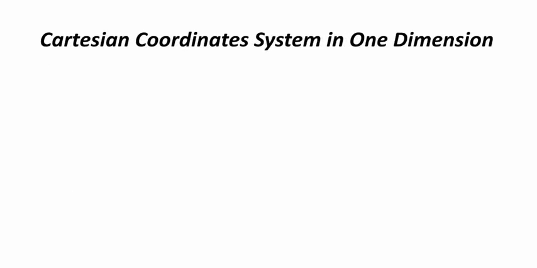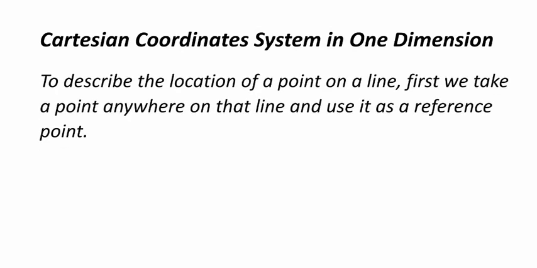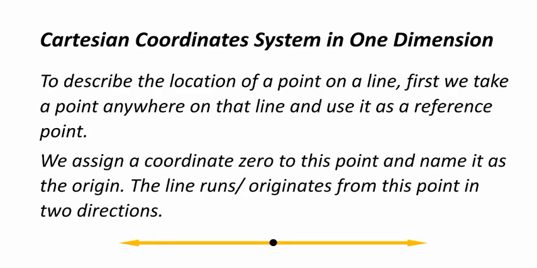Cartesian coordinates system in one dimension. To describe the location of a point on a line, first we take a point anywhere on that line and use it as a reference point. We assign a coordinate 0 to this point and name it as the origin. The line runs or originates from this point in two directions.